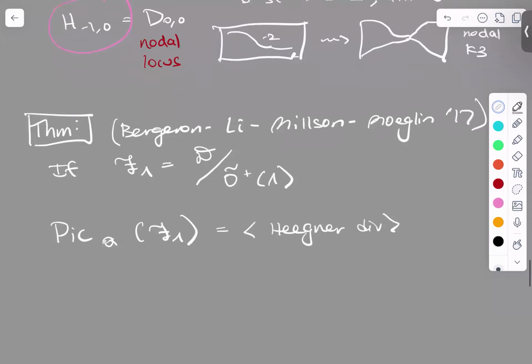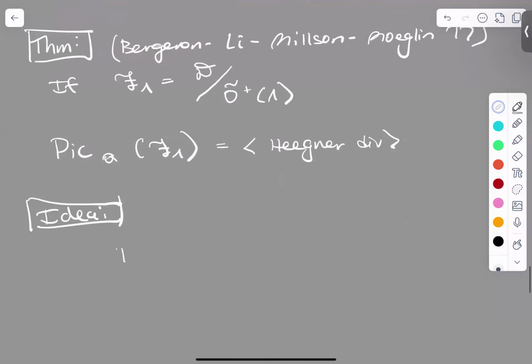There's an isomorphism between the Picard group of F lambda and the dual of the space of vector-valued modular forms of weight rank of lambda over 2. These are, as I said, the almost cusp forms of vector-valued modular forms. And how does this isomorphism go?